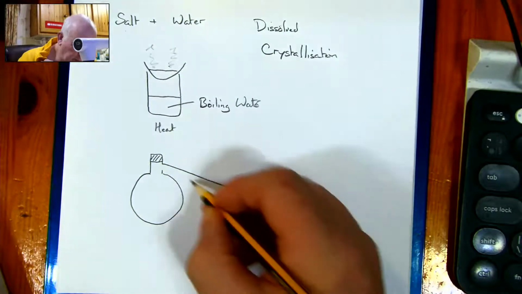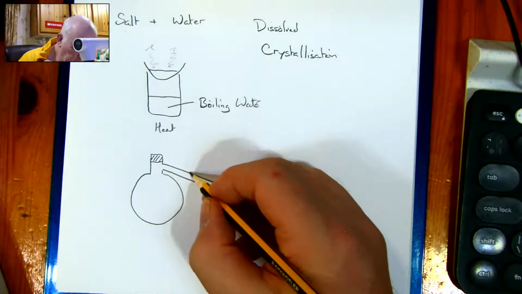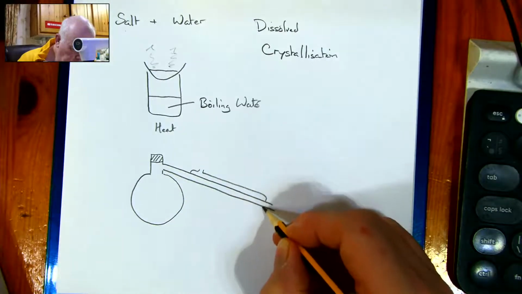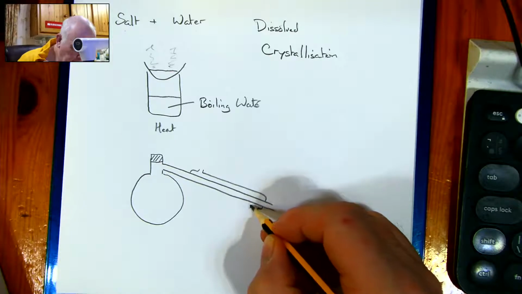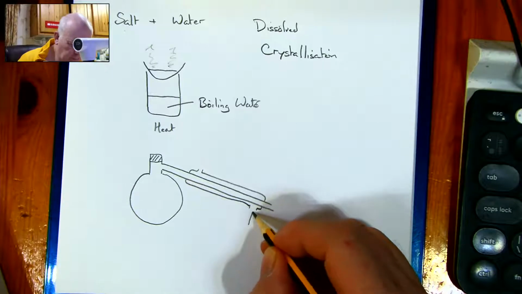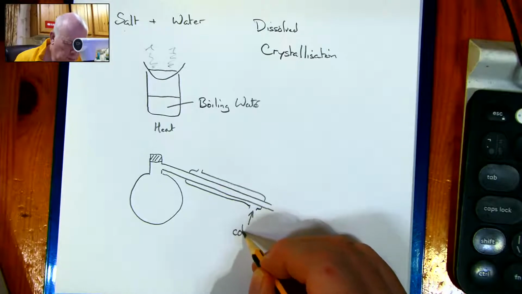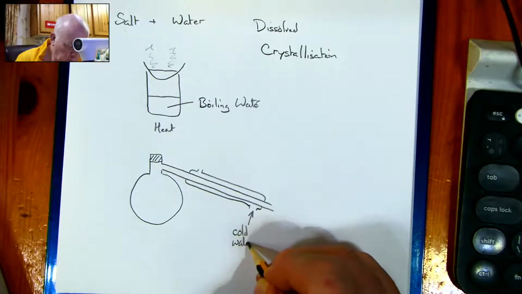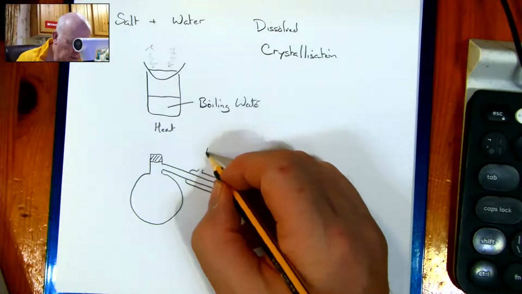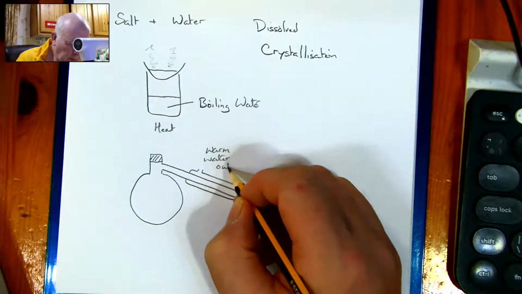And we can connect that to a glass tube, and around this glass tube, we've got another glass tube. This glass tube is called a condenser. So we have a jacket of water. We're going to put some cold water in at the bottom, and we're going to get warm water out at the top.